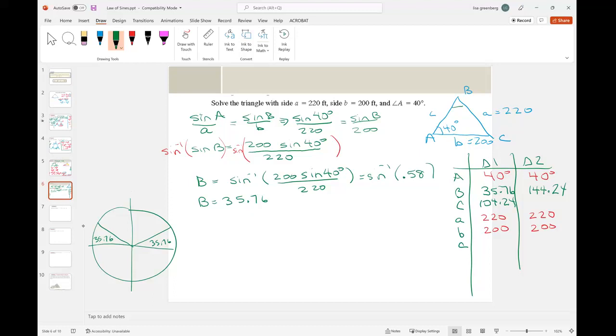So I know for sure that every triangle has 180. I can't make a negative angle. So this triangle only has one solution. Because there's no C that will make that work.